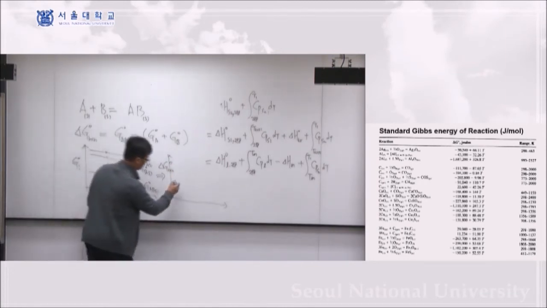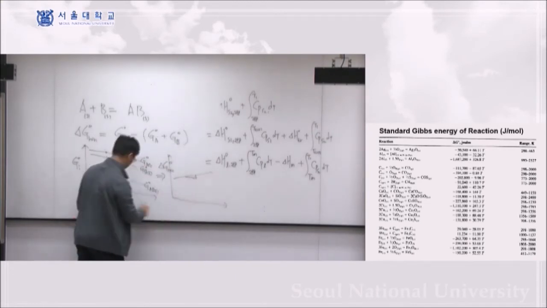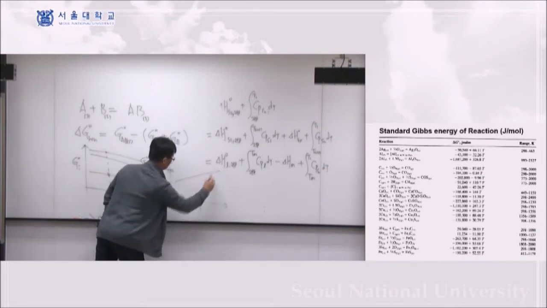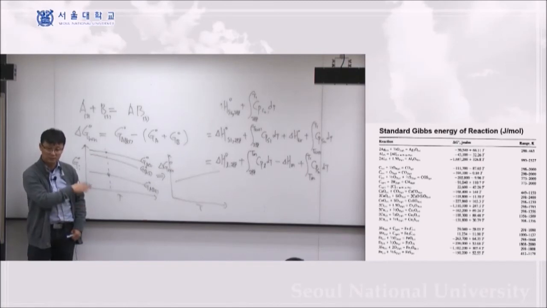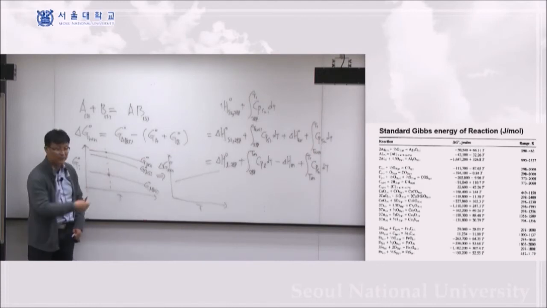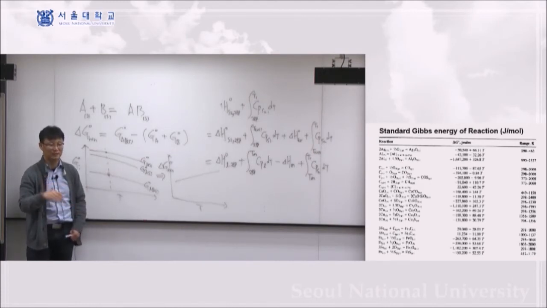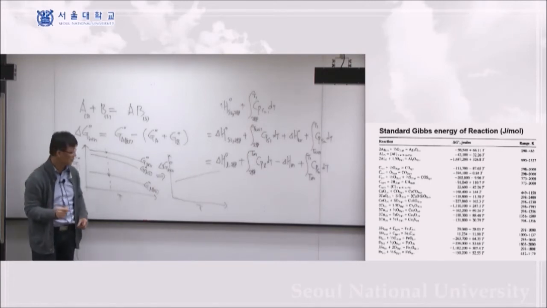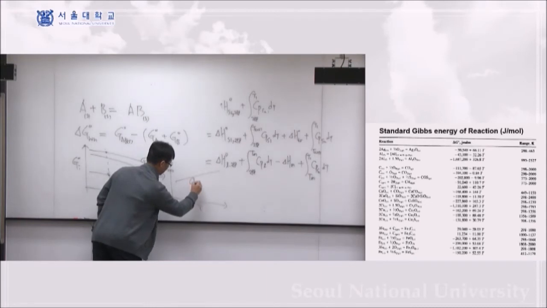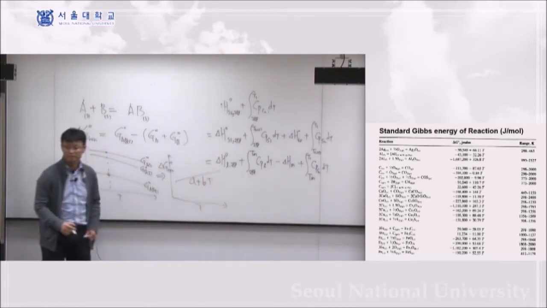Then you can make a plot. Typically, in this graph against temperature, unless there is any phase transformation in the reactant or product, the graph is reasonably a straight line. It's not exactly a straight line, but it's quite close to a straight line within a given temperature range. So this is typically A plus BT.